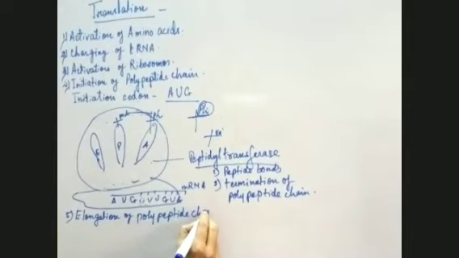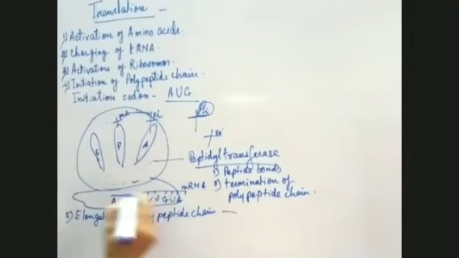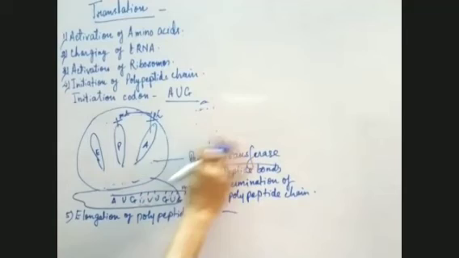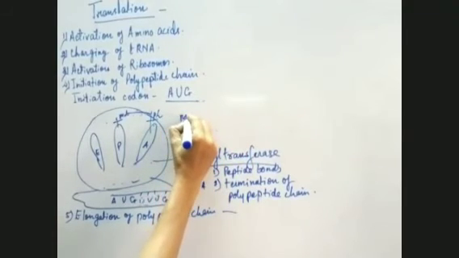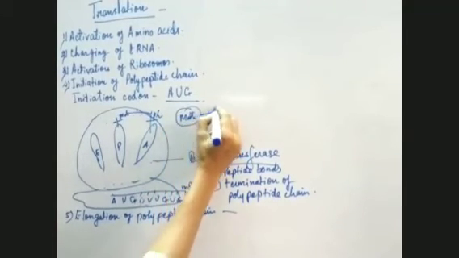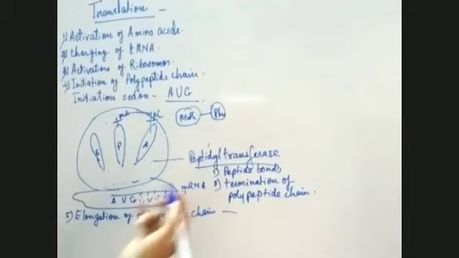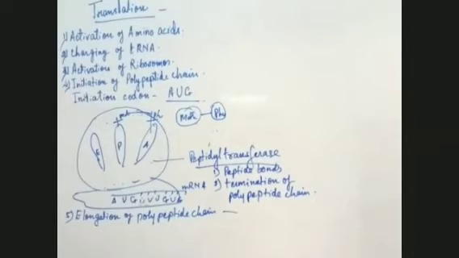Right now only two have joined together. Methionine has joined with phenylalanine, and this makes a very small polypeptide chain. The polypeptide chain needs to be long, and on the basis of decoding the message present in the messenger RNA, whatever length of triplet codons are present on the messenger RNA, on that basis the length of the protein molecule or polypeptide chain is determined.